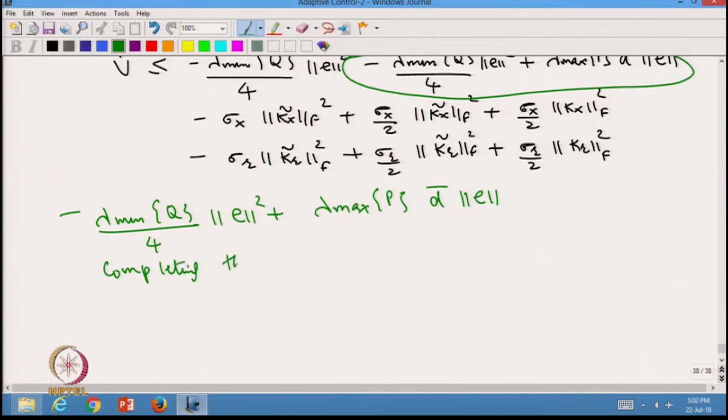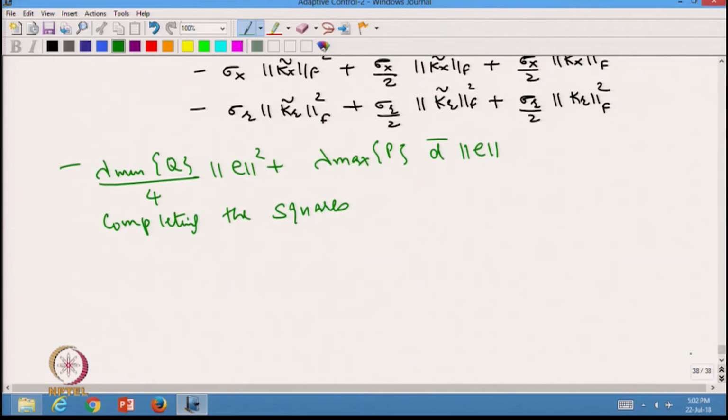How do we complete the squares on this expression? We have a minus a square term, for example, and this is say our 2ab, and what we need to get is a minus b square term. From these two expressions we extract what b is, and then we add and subtract that term.